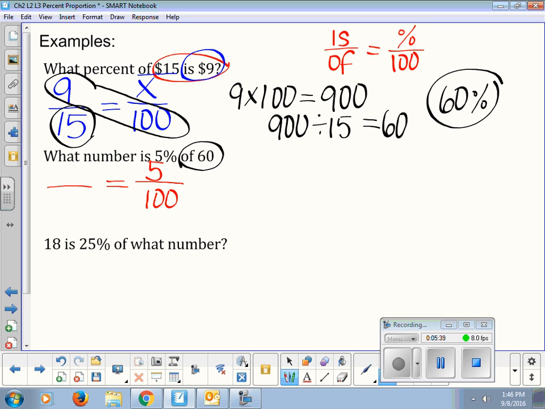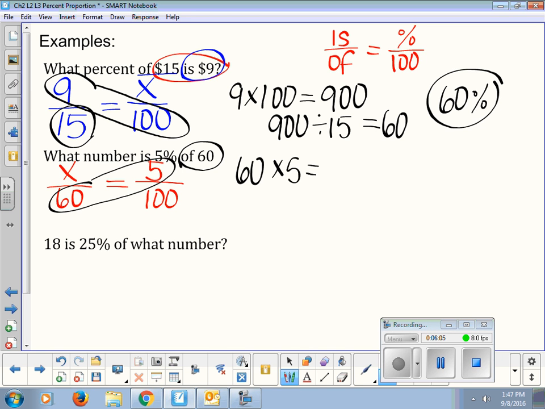Of, we have of 60. So of is our whole, which means it goes in the denominator. And we're searching for our part. What can we put in the numerator if we don't know what value it is? Okay, so choose a variable. X. Go ahead and cross multiply the two numbers you know how to multiply.